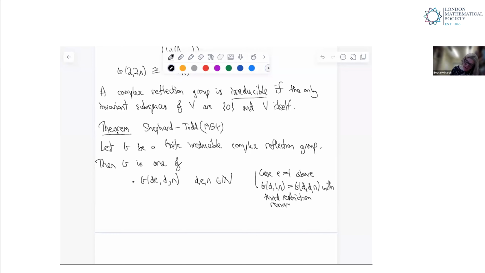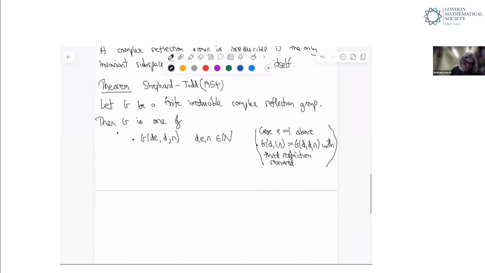And the others have a similar definition, but they are different groups, non-isomorphic. Okay, and then there are 34 exceptional cases.